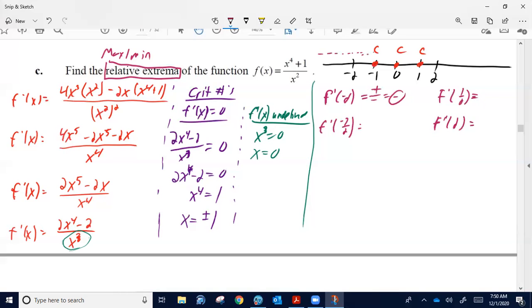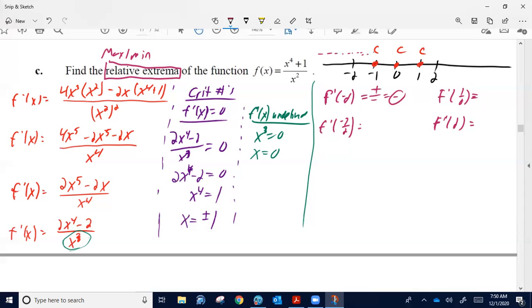If I plug -1/2 in, again, that's going to turn positive, but it's going to get pretty small when you do that.